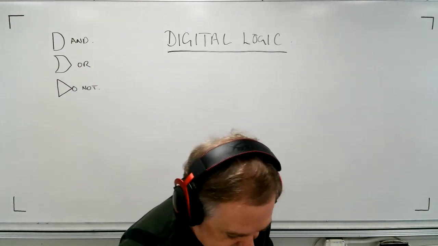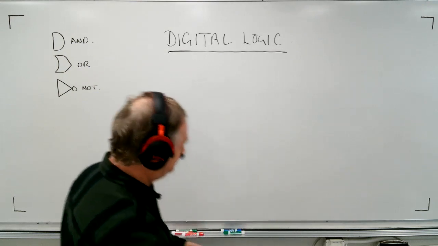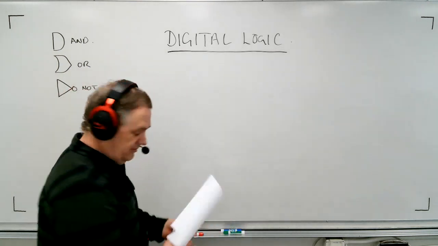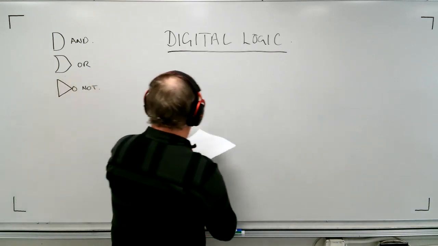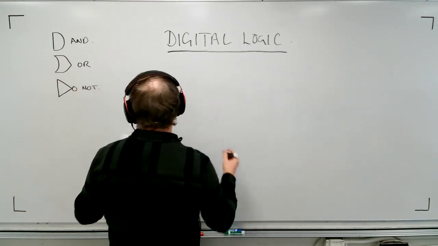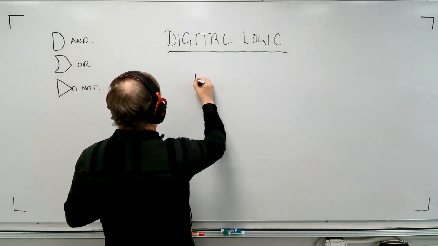Okay, so we know the rules now for those three. Now let's take a look. The very next thing we're going to do is a gate that is produced commercially in mass amounts, and this is called a NAND.